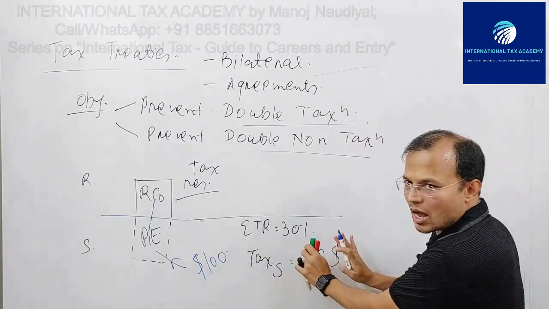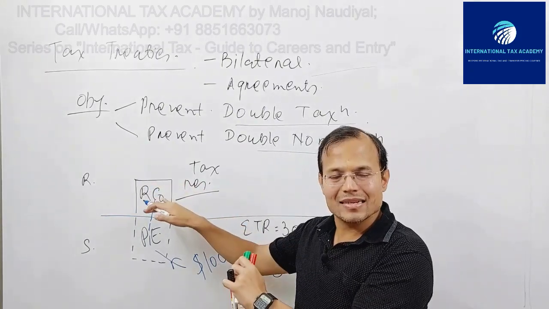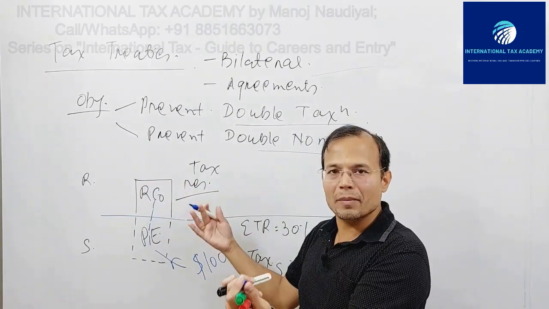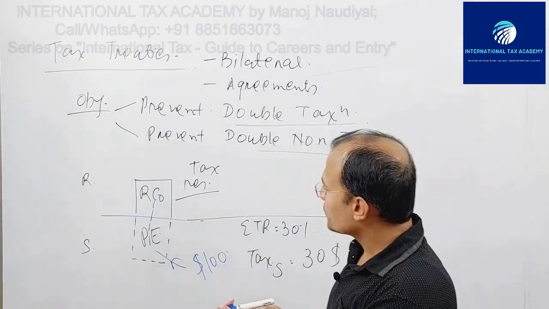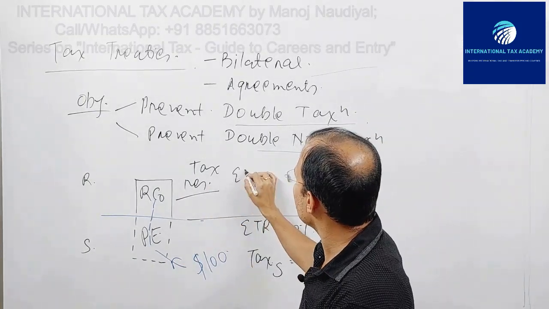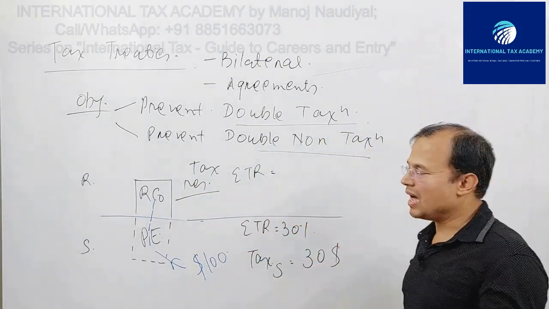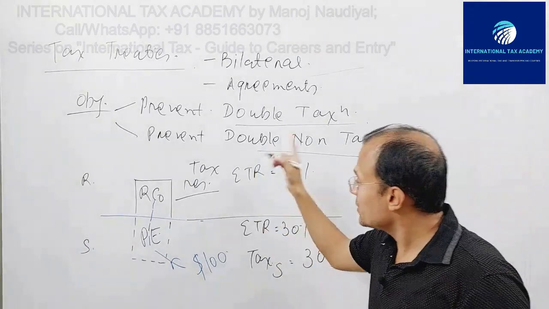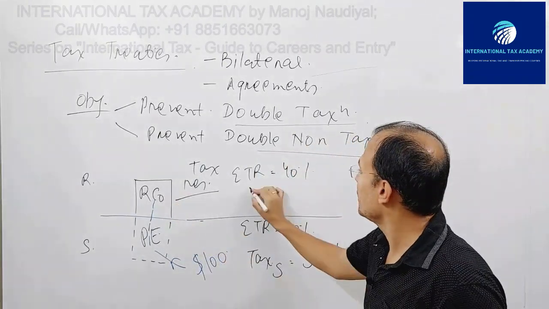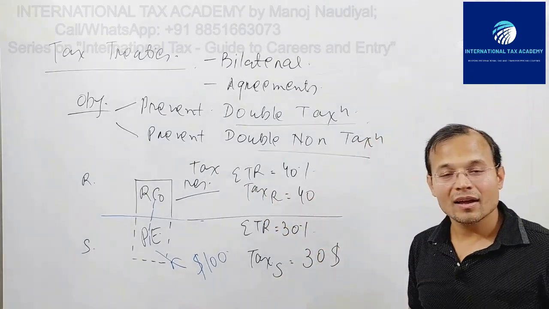Forget about this. R is not concerned about this. R says that my tax resident, my resident company, has earned $100 of income. I'm going to tax. So supposing the ETR in state R is say 40%. So 40% of this 100 is what? Tax in R is 40.